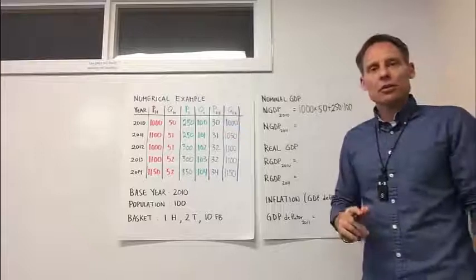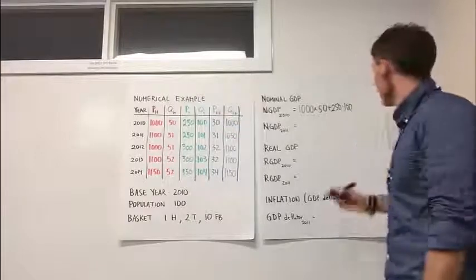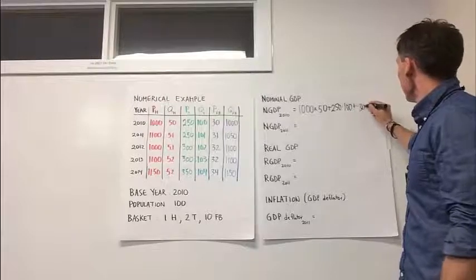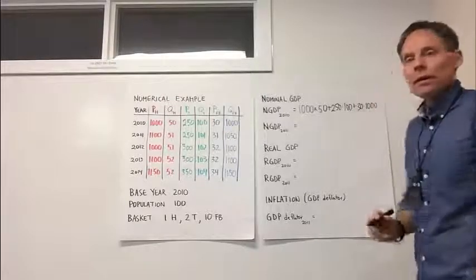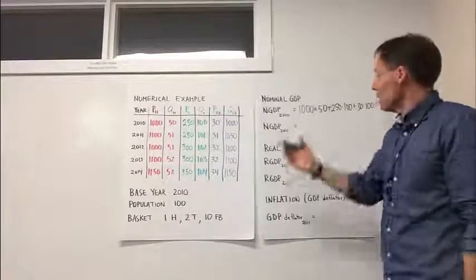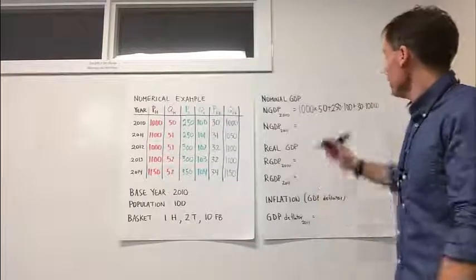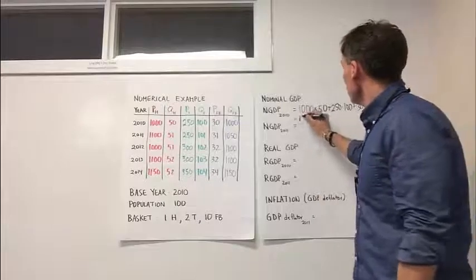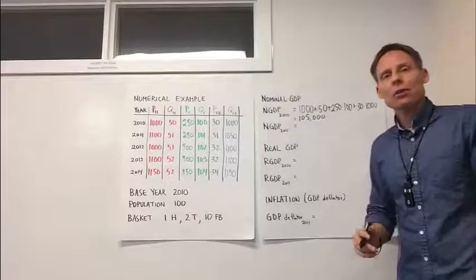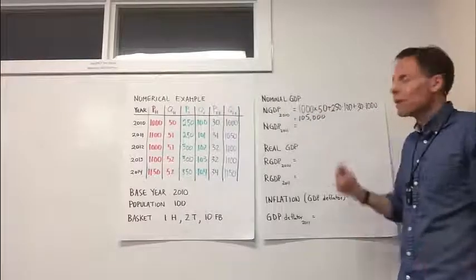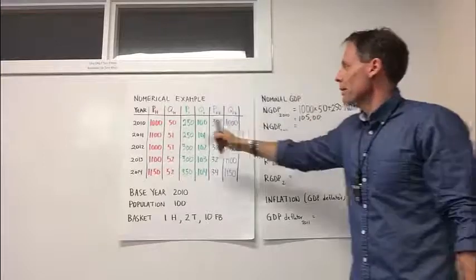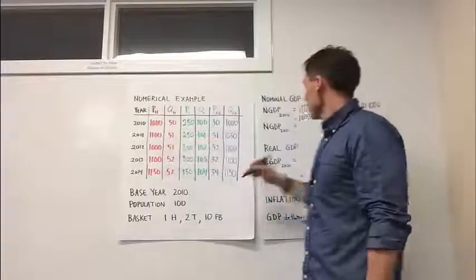This is how much they spend on transportation. And that's how much they spend on food and beverages. You add these up and you get a nominal GDP for 2010 of 105,000.